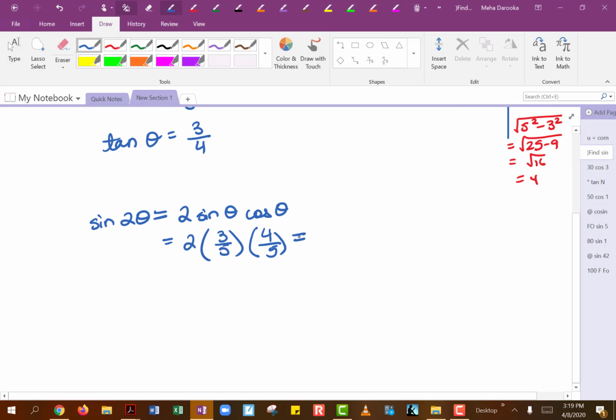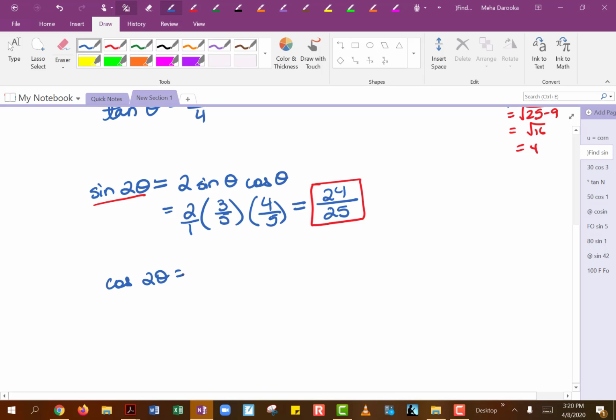So if you think of this guy as being 2/1, 2 times 3 times 4 will of course end up giving us 24, right? You can see 2 times 3 is 6, 6 times 4 is 24, and denominator would of course be 5 times 5 times 1, so that's going to be 24/25. So for sine of 2 theta, this is the answer we're going to come up with.